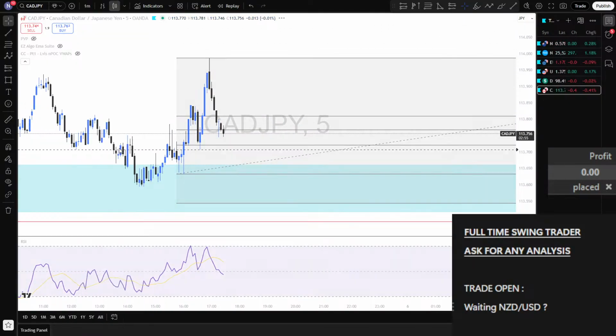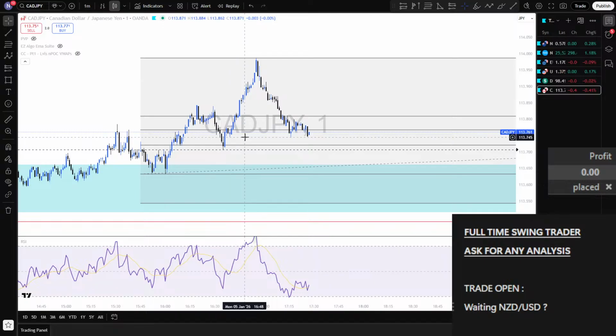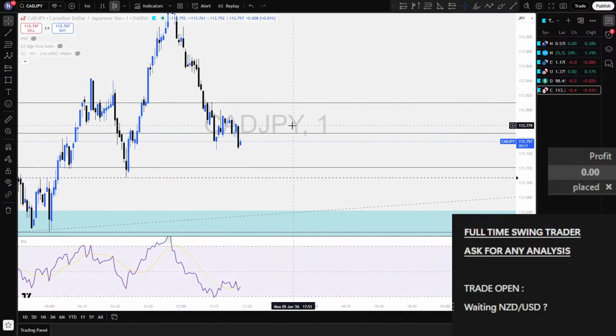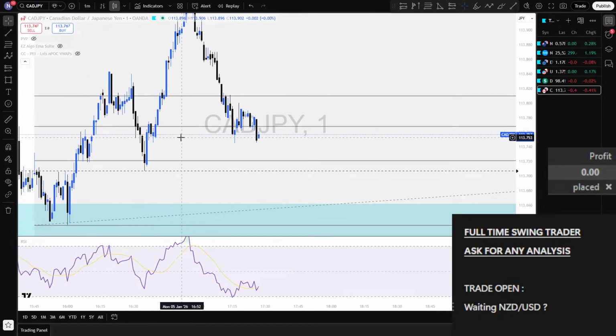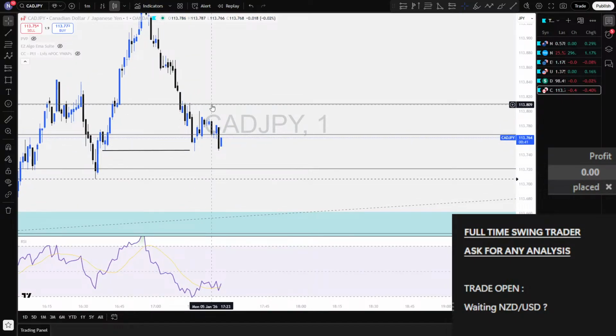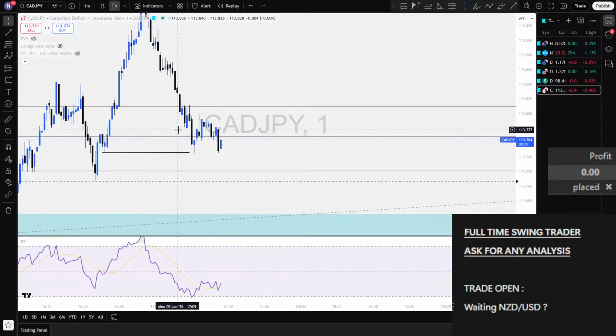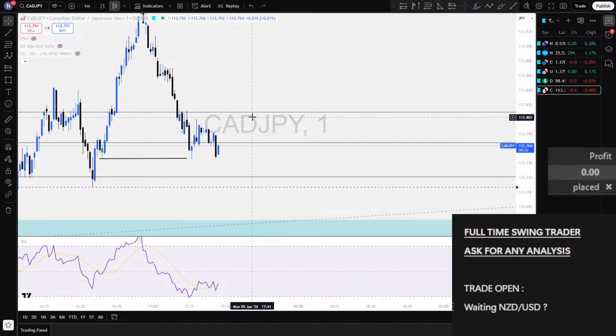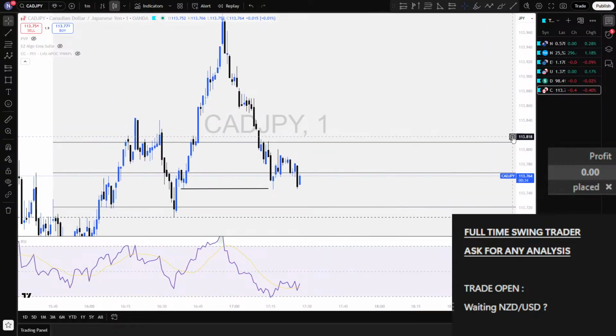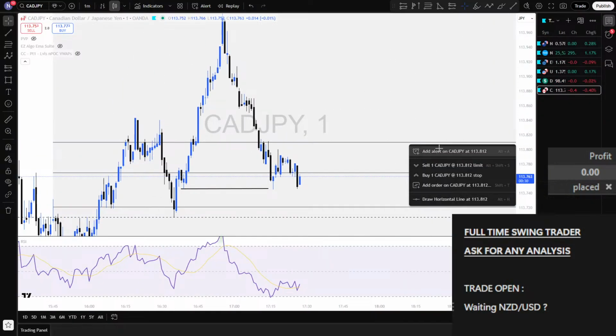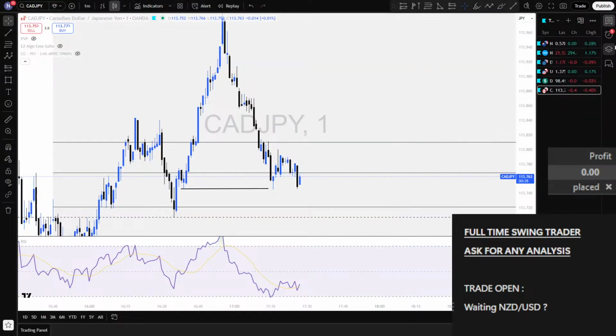Because if not, I can give us a setup, but it's in the 1 minute. I'm gonna put an alert there in the 1 minute, just in case it breaks bullish.